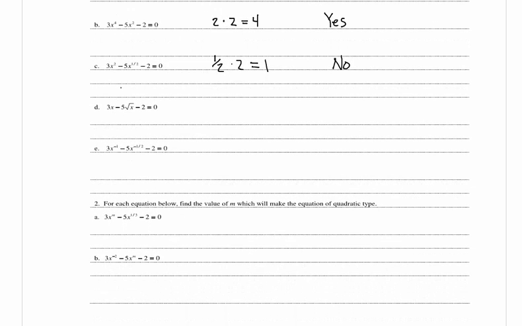In D, we have 3x minus 5 times the square root of x minus 2 is equal to 0. And our exponent of the middle term is 1/2, times 2 is equal to 1. And 1 is the exponent of the leading term. So this is of quadratic type.